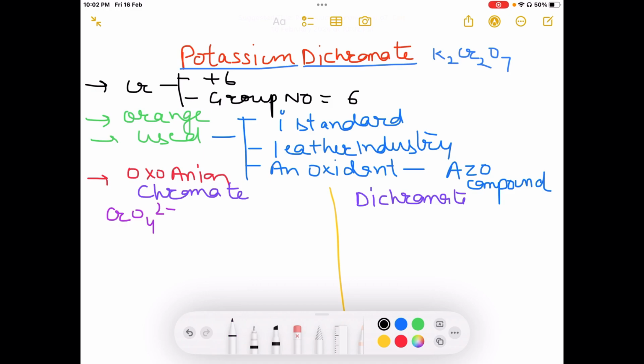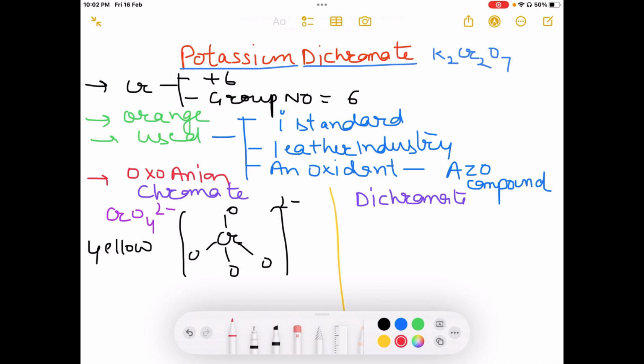Here the oxidation state and the group number of chromium is 6. Chromium is surrounded by 4 oxygen atoms, so a tetrahedral structure is formed. And its color is yellow.